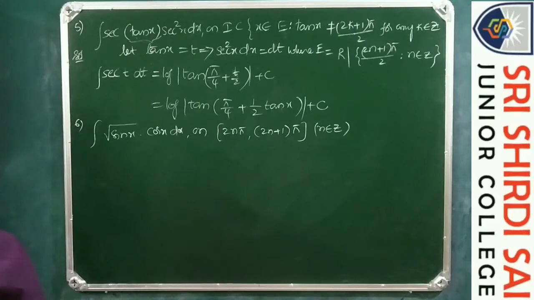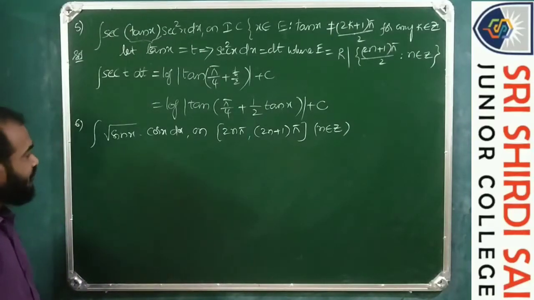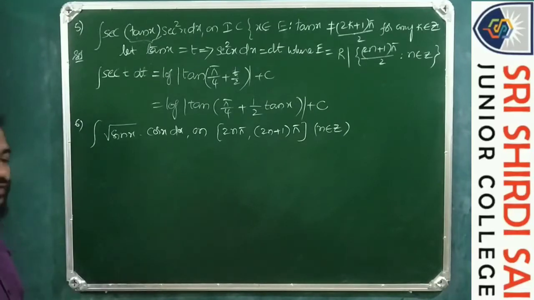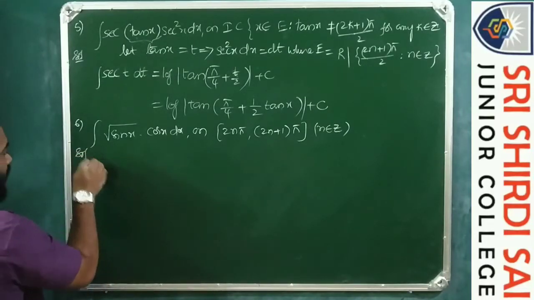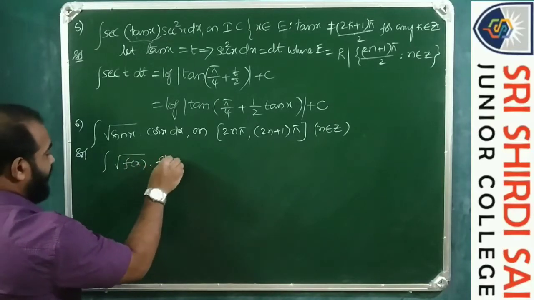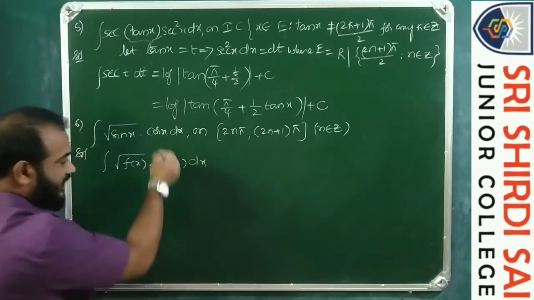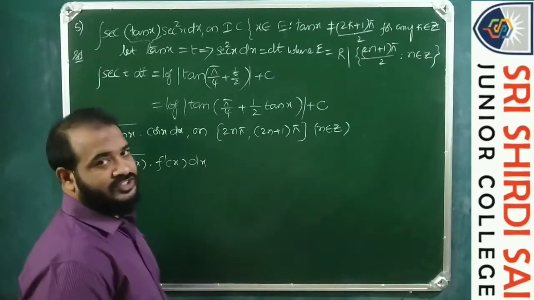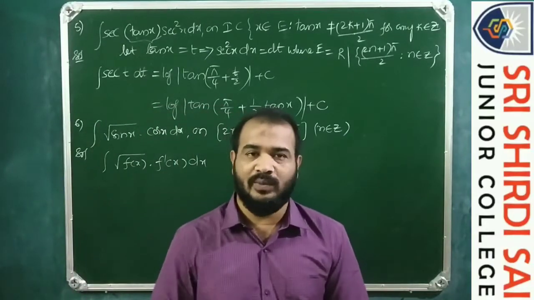Integral root of sin x into cos x dx. Sin x derivative is cos x, so it is of the form integral root f of x into f dash x dx. We have discussed all of them in results. Integral f dash x by f of x dx is log mod f of x plus c.